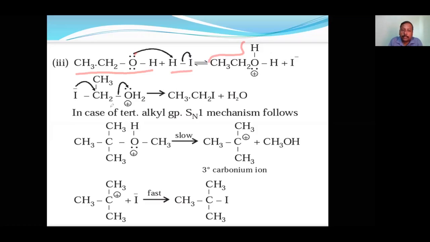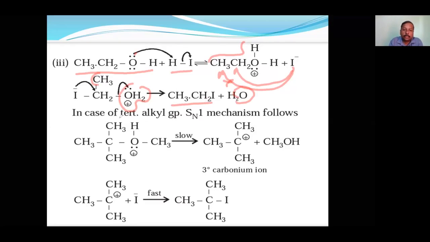Always it will attack on the carbon atom to which it is attached. See, not this one. This iodide is attacking on CH2 only. Then this H2O will be lost, and it will form CH3CH2I.